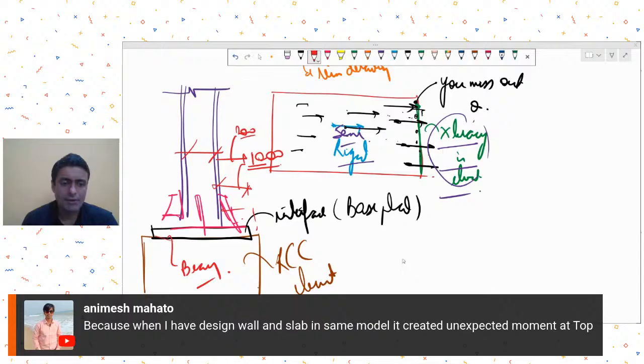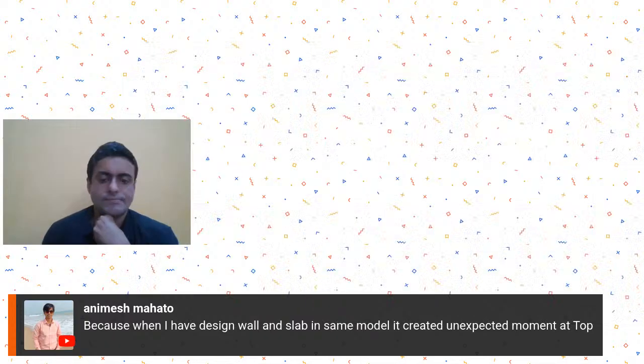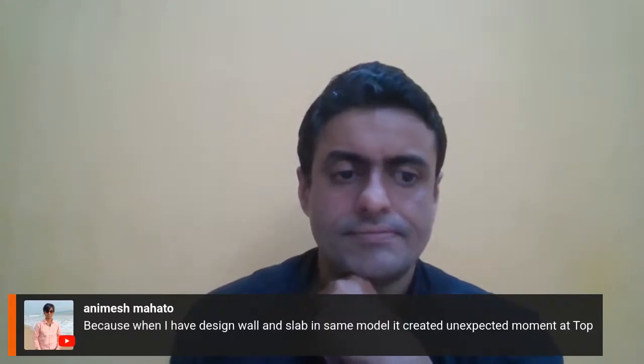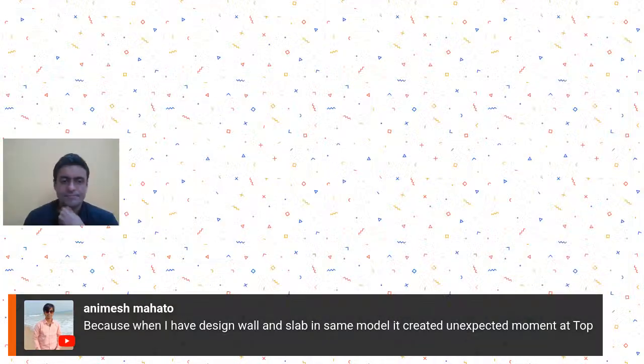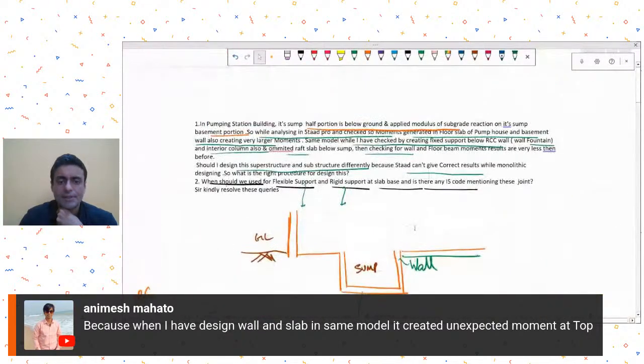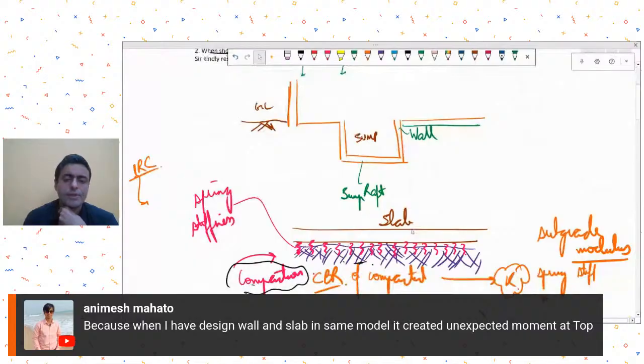Because when I designed the wall and slab in the same model, it created unexpected moment at the top. I think we still have the figure that he has shared. So this is his figure. Now he's saying that this has water pressure and earth pressure.